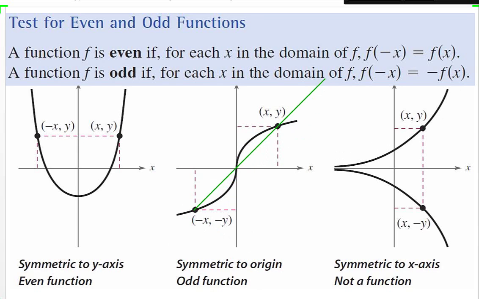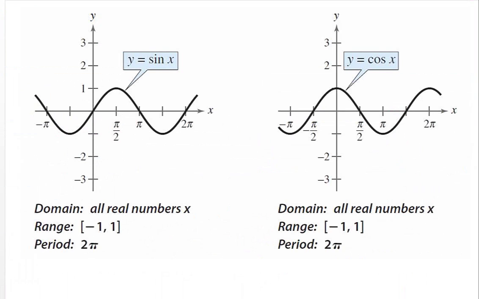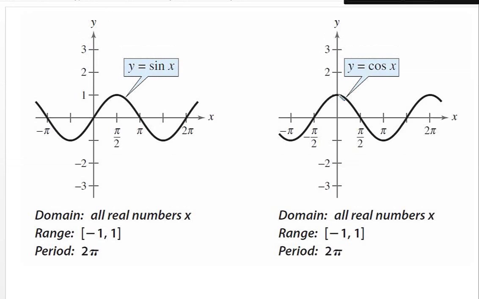If you take a look at the graphs for cosine and sine, here's the y-axis, and cosine is completely symmetrical on both sides. If you take this part and flip it across the y-axis, you're going to get this right here. Since it's symmetrical to the y-axis, cosine is considered an even function.